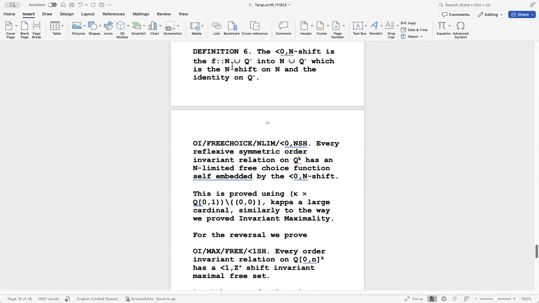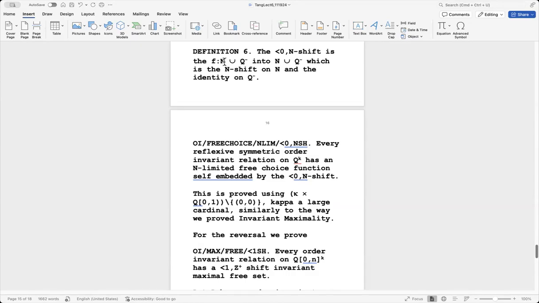Yeah, this is already set up nicely. So the isomorphism is actually a mapping from N union the negative rationals into itself, which adds 1 for the elements of capital N and is the identity on the negative rationals.